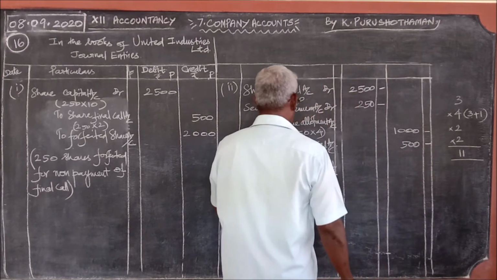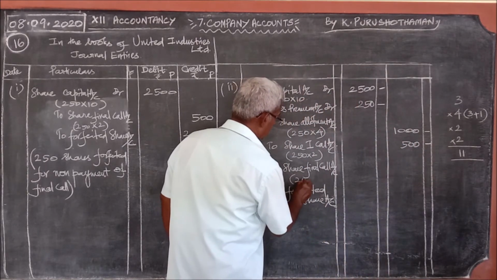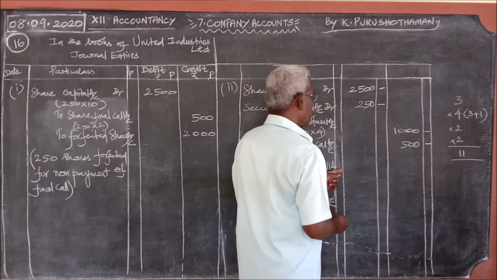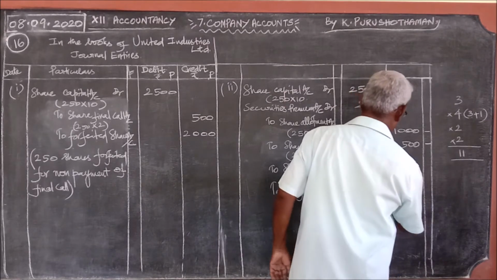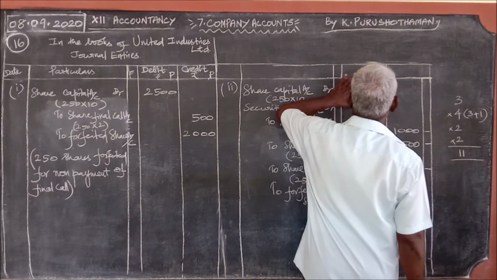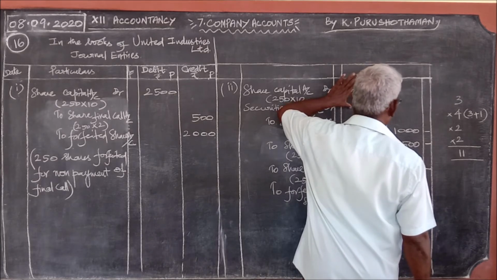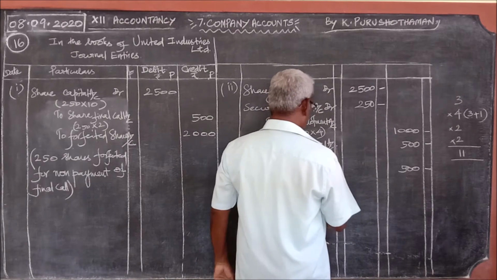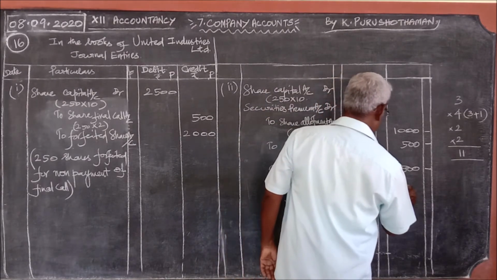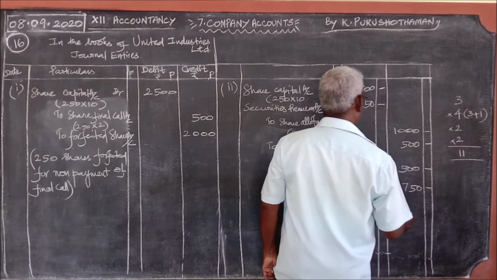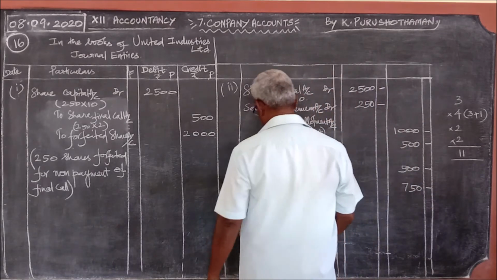And the third stage, final call also, 250 into 2, this is also 500. Here 2750, here only 2000. Therefore, what amount should be written there? 750 rupees only should be written here. Then alone this will tally.